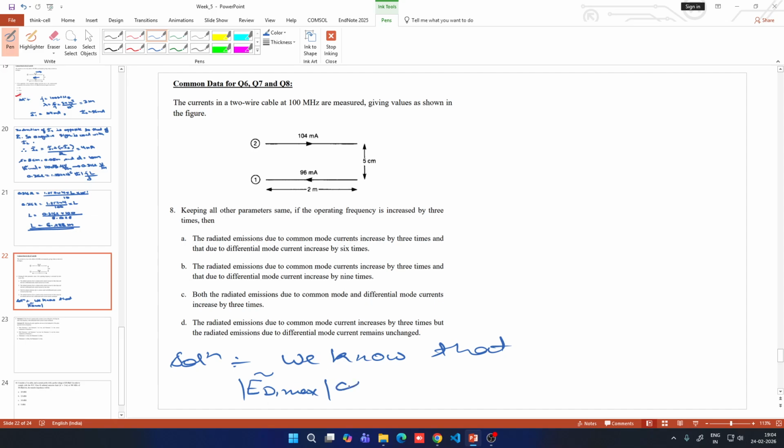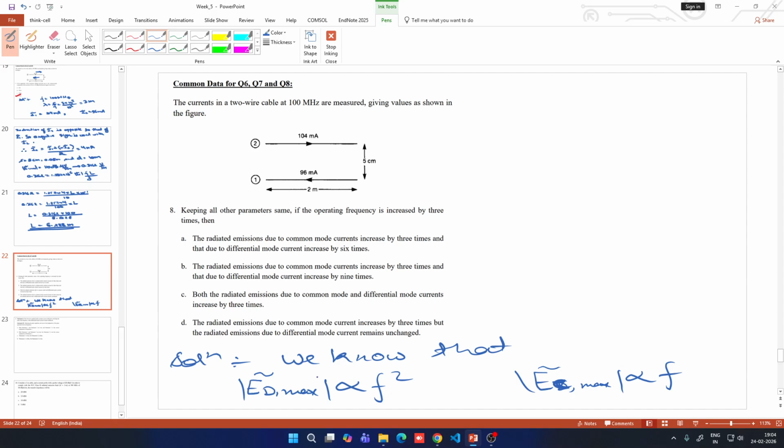So ED max is directly proportional to F square, and EC max is directly proportional to F, not the square, only F. EC max is directly proportional to F. Now we can just go through the options. Now we know the dependence of ED max, the radiated emission due to differential mode current and common mode current, is given here.